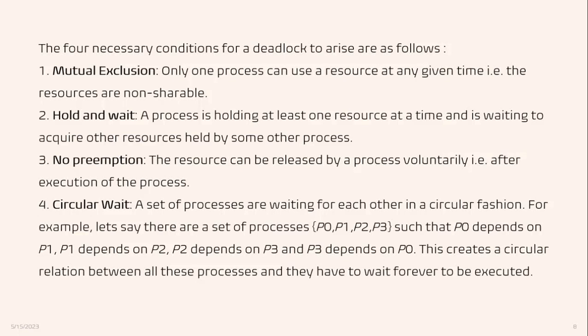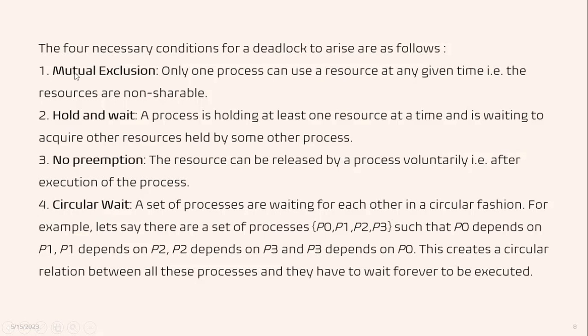That is, each of the processes depends on another. So which one will be executed first? That's not possible. This creates a circular relation between all these processes and they have to wait forever to be executed. So this is the fourth necessary condition.